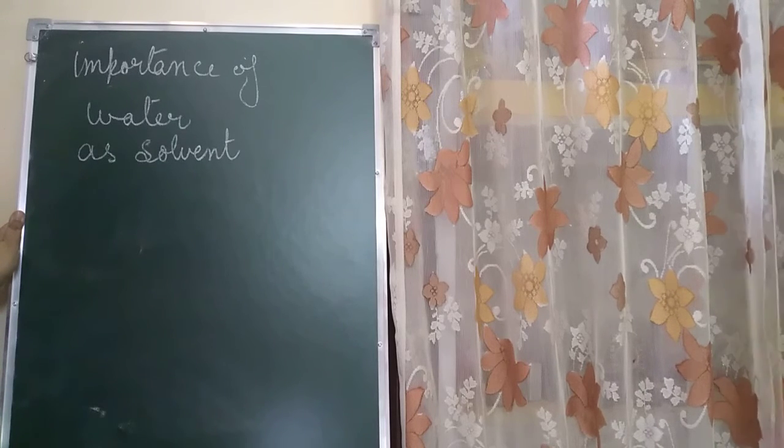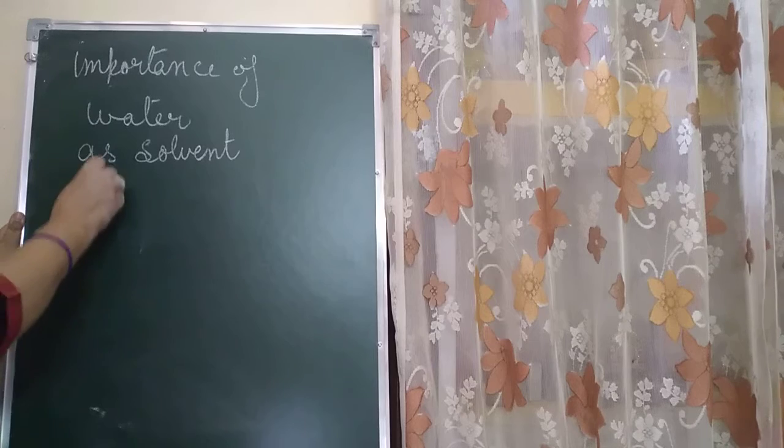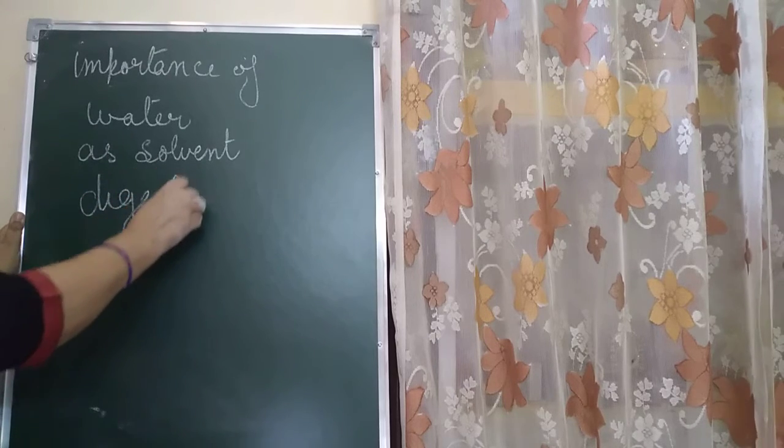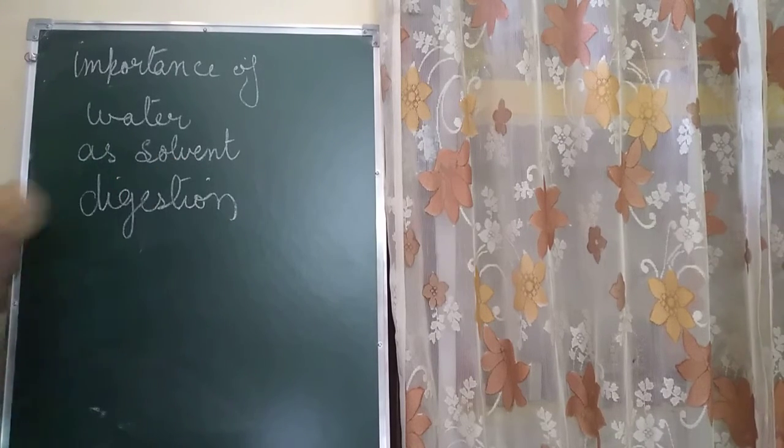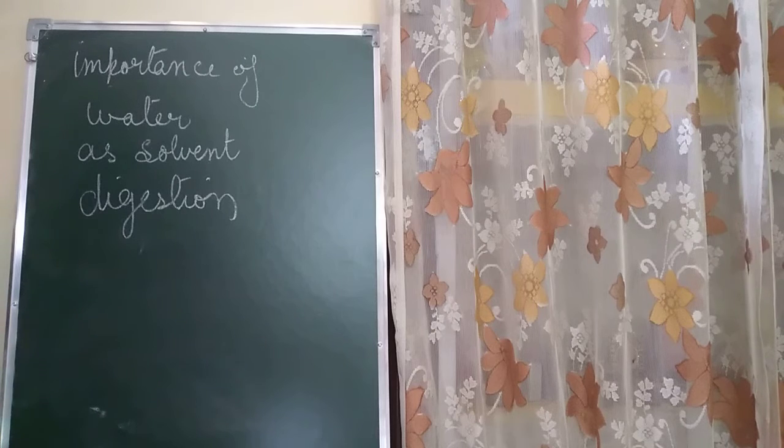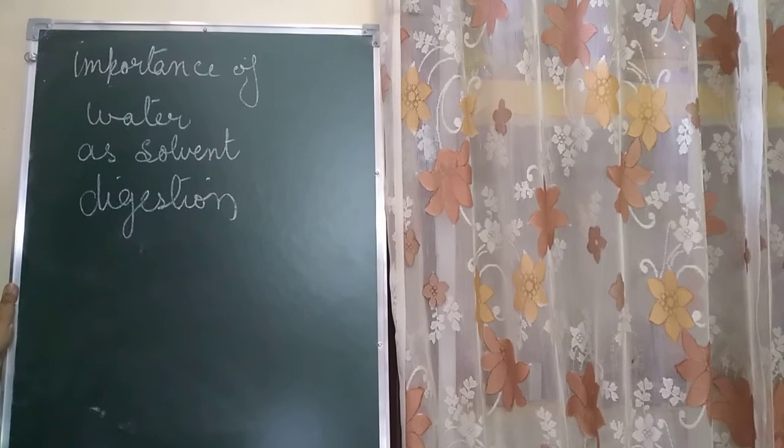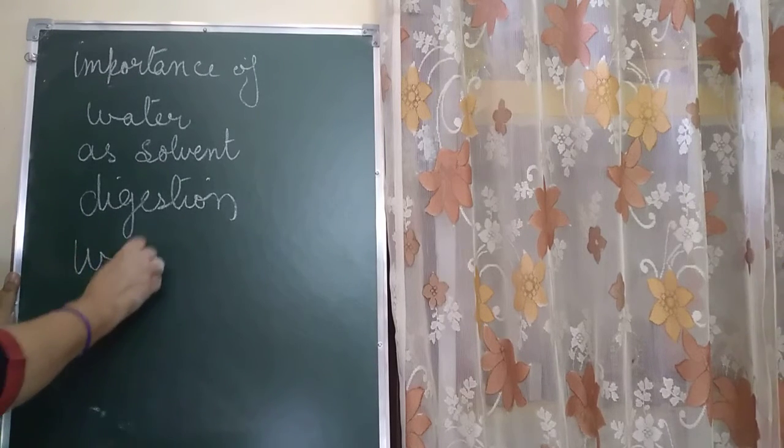It is also used in the process of digestion, where the food is reduced to simple substances that are soluble in water. Several waste materials produced in the body are dissolved in water and excreted, children.